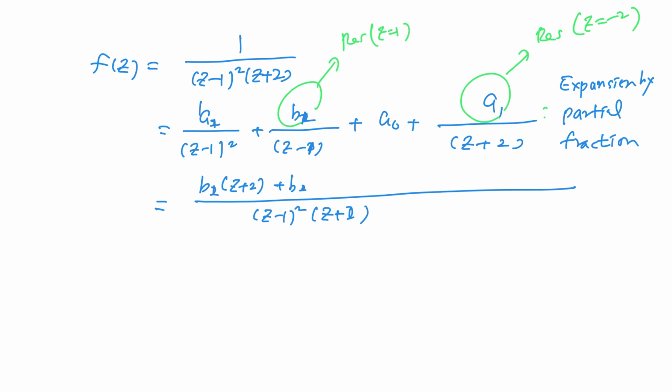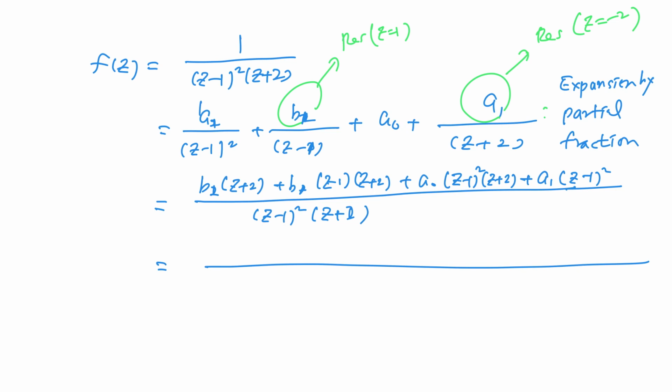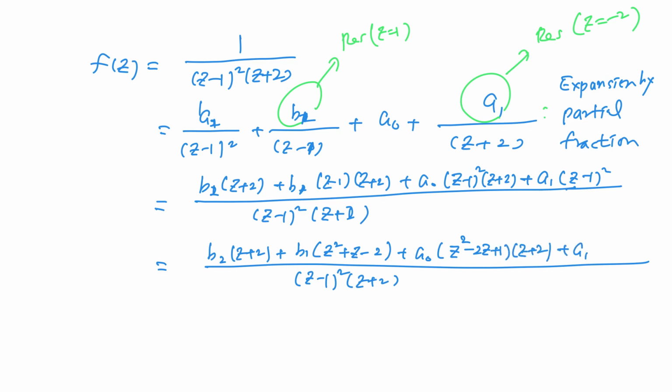So B2, B1, (z minus 1)(z plus 2), A0, (z minus 1) squared (z plus 2), A1 (z minus 1) squared. Combining: B2 (z plus 2) plus B1 (z squared plus z minus 2) plus A0 (z squared minus 2z plus 1)(z plus 2) plus A1 (z squared minus 2z plus 1).